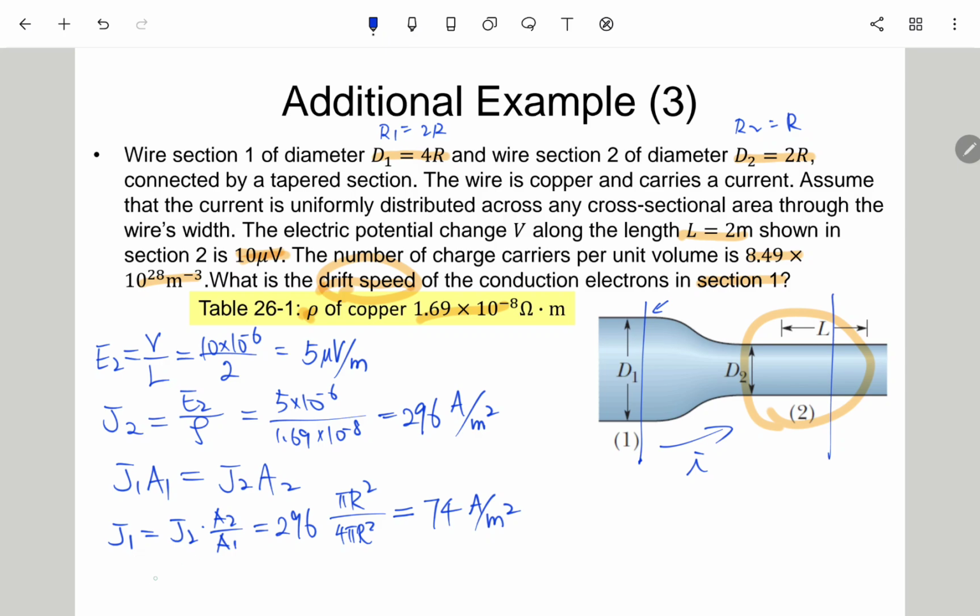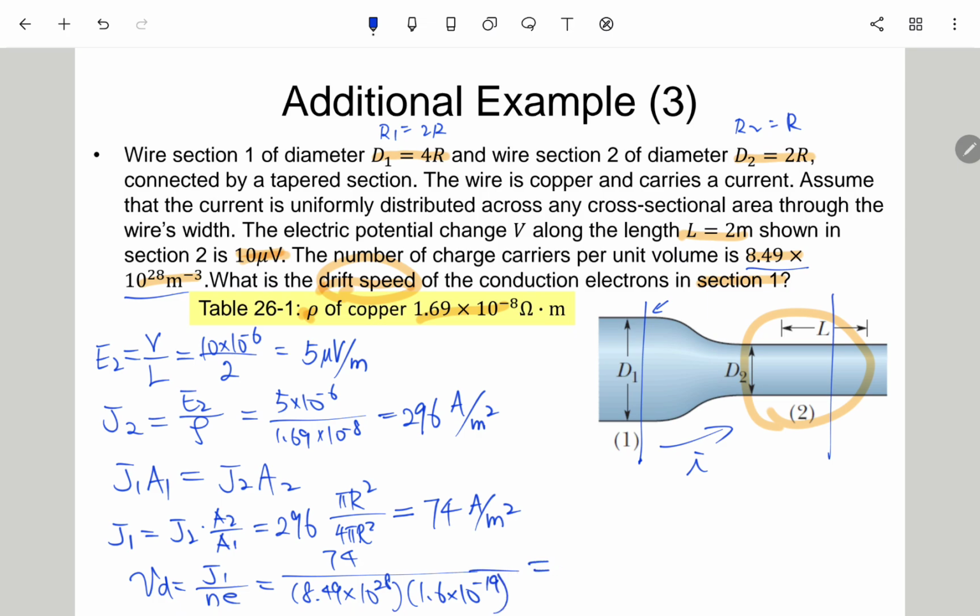Finally, we can use v_d equals J1 over n e. We plug in the numbers: 74 over n, where is n? n is here, 8.49 times 10 to the 28th, and then times 1.6 times 10 to the negative 19.